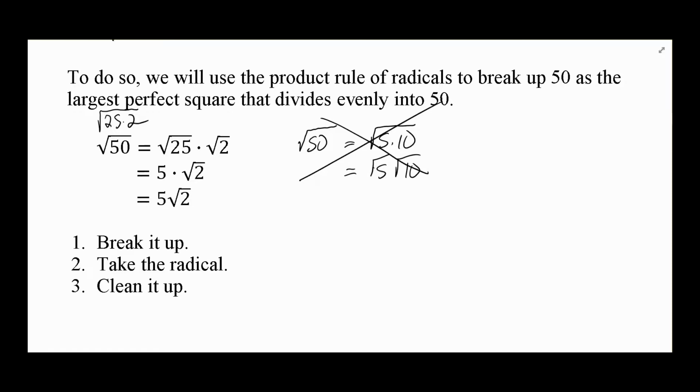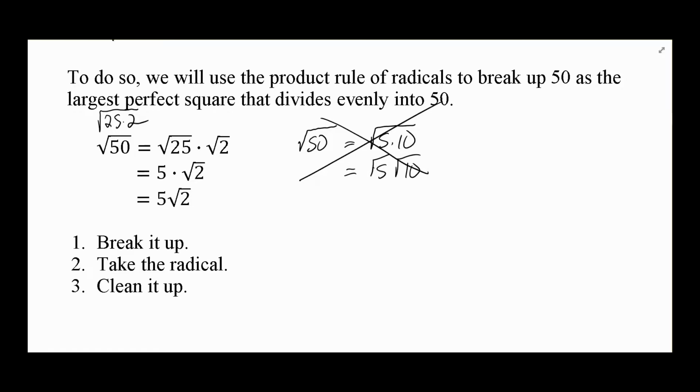Now, if we were trying to simplify a cube root, then the correct question there would be what perfect cube divides evenly into this? And that's where your power chart's going to come in handy. You're going to look at your power chart and work right up it. You're going to say, all right, well, 27 is a perfect cube. Does this divide in? 8's a perfect cube. Does it divide in?